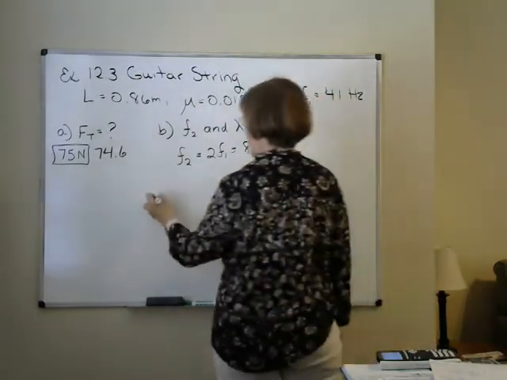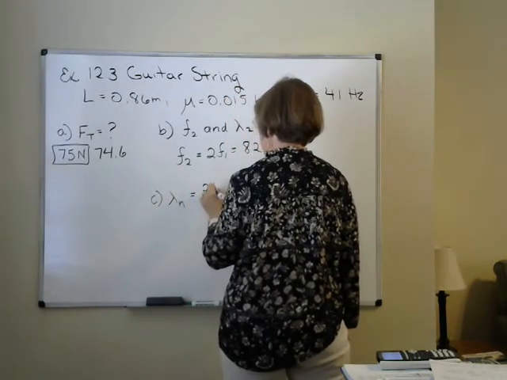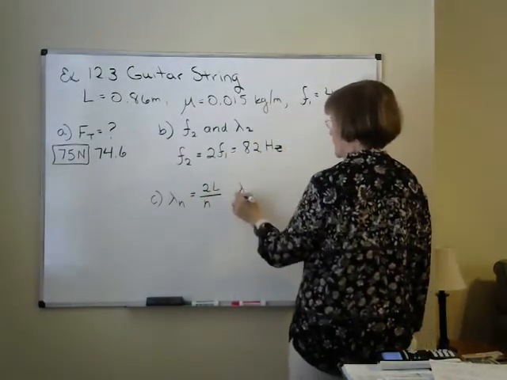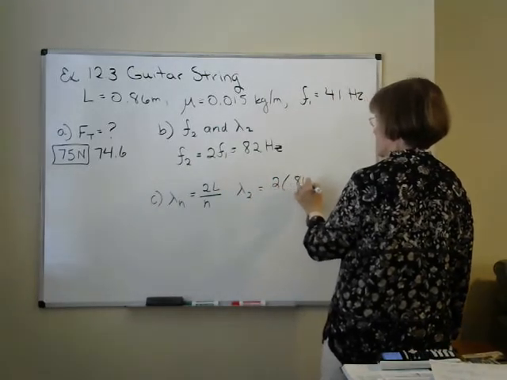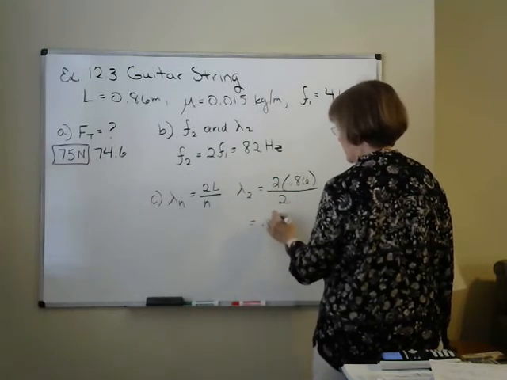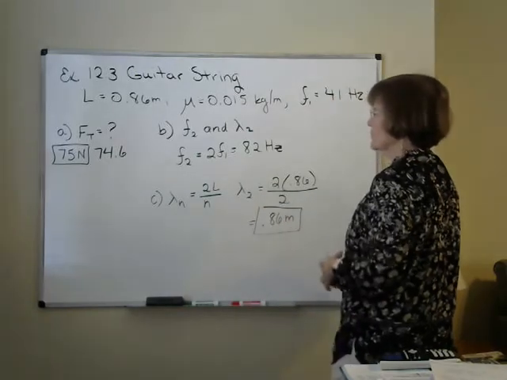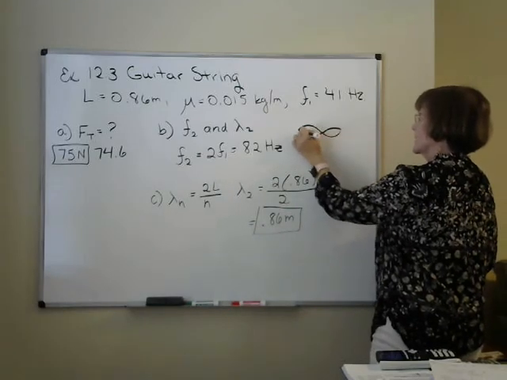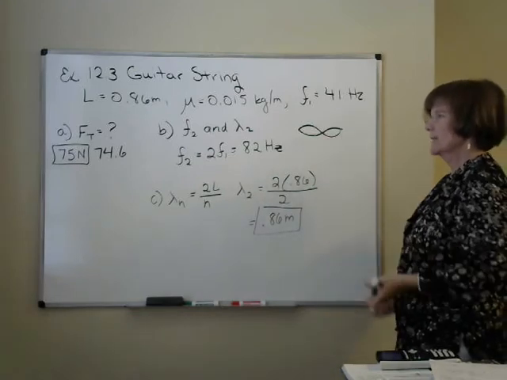We know that lambda n is 2L over n. So if I want to find lambda 2, it's 2 times 0.86 divided by 2. It's just 0.86 meters. That makes sense because when we're talking about the second harmonic, it always has a wavelength that's exactly equal to the length of the string.